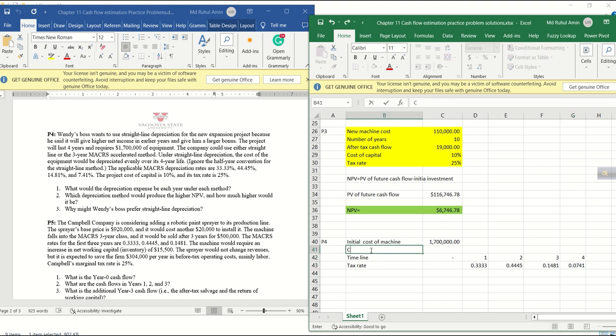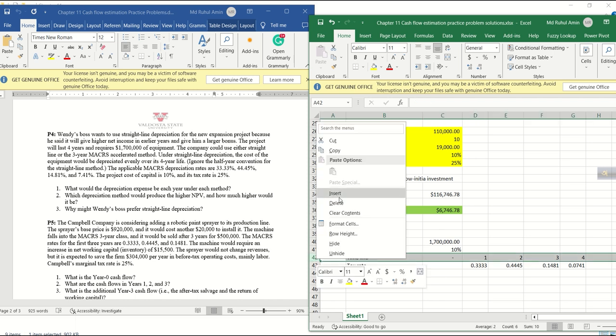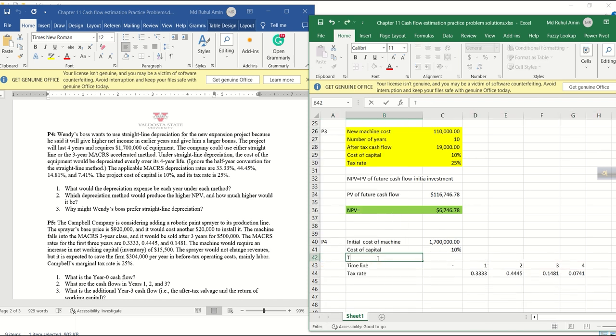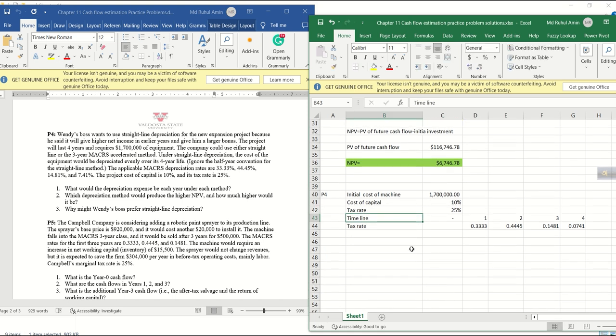And then cost of capital is 10%. Tax rate is 25%. This actually we already have.